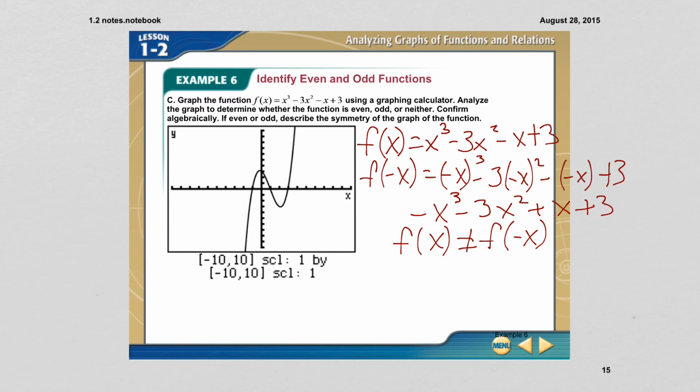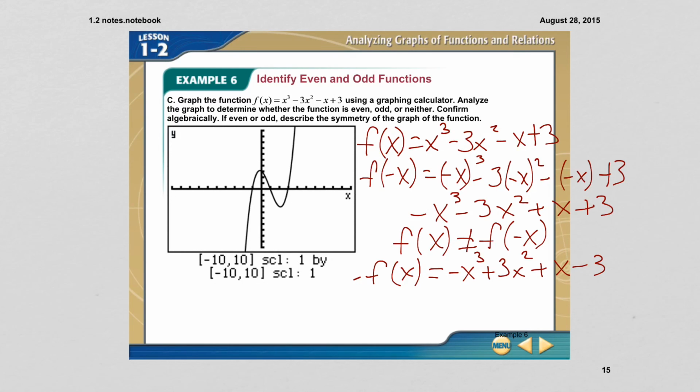Okay. Now we need to check negative f of x and compare it to f of negative x. So negative f of x means all I have to do is change the sign, so that's negative x cubed plus 3x squared plus x minus 3.